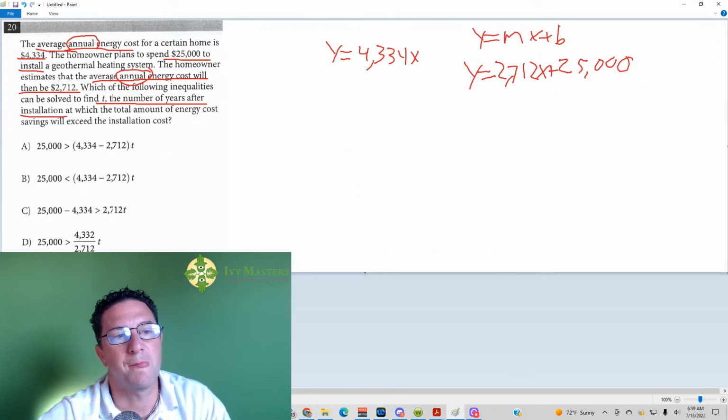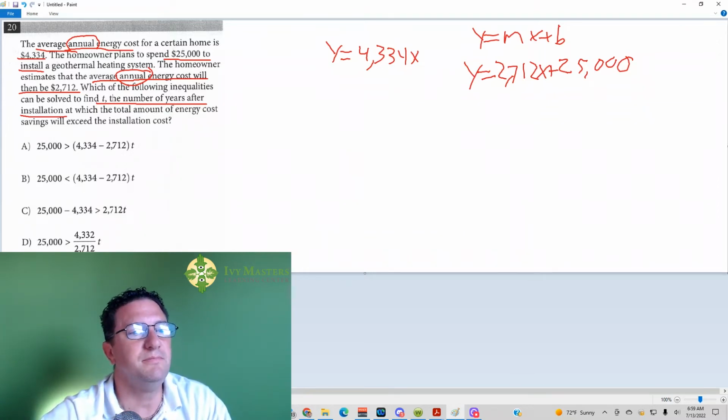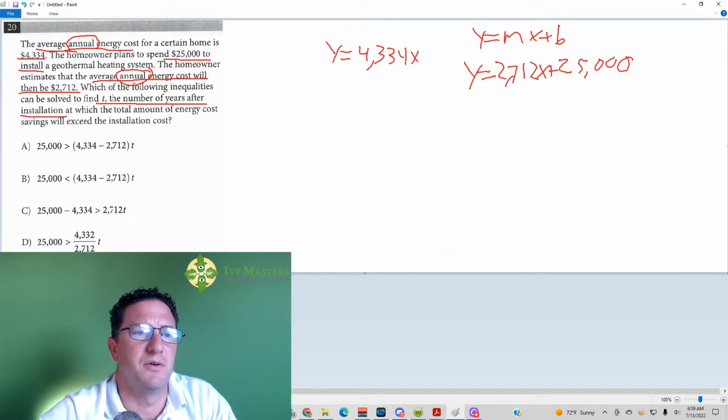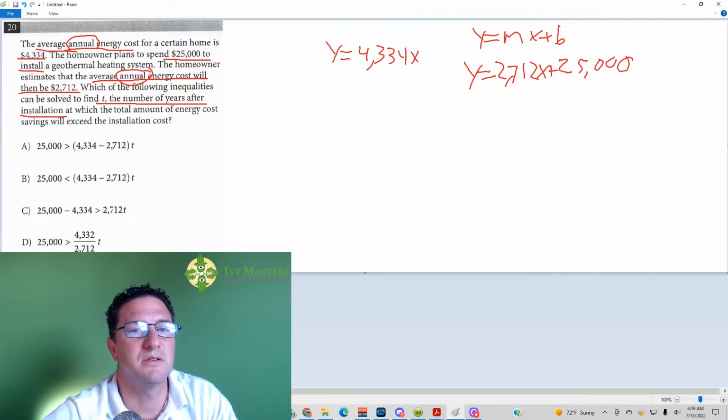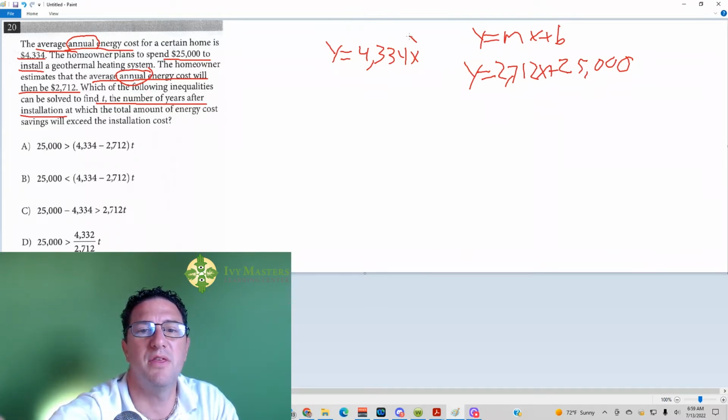Which of the following inequalities can be used to solve for T? The number of years after installation at which the total amount of energy cost savings will exceed the installation cost. So we know that we're going to have this on one side of the inequality, and this on the other side.